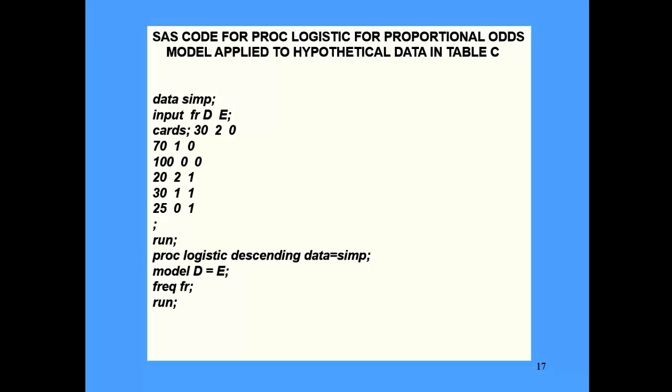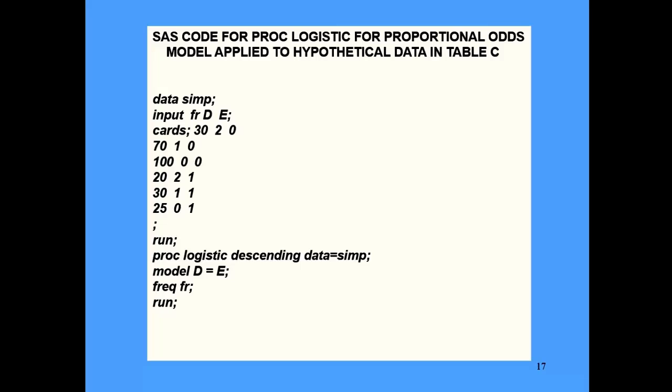Because there's more than 2 categories. So the computer is automatically going to do ordinal logistic regression if, when it looks at the outcome variable, it sees that the outcome variable is not just a 0, 1 variable, it has 3 categories, or more than 3 categories, it's going to automatically do ordinal logistic regression.